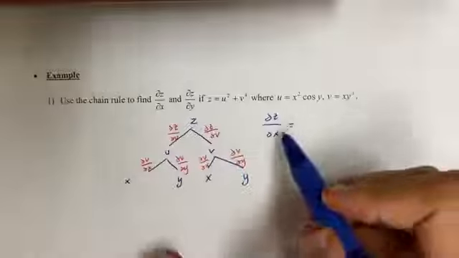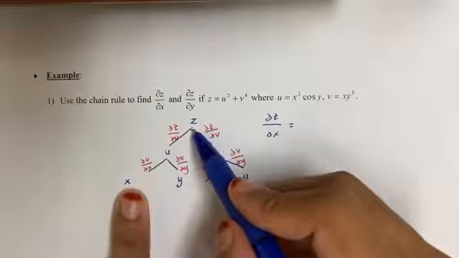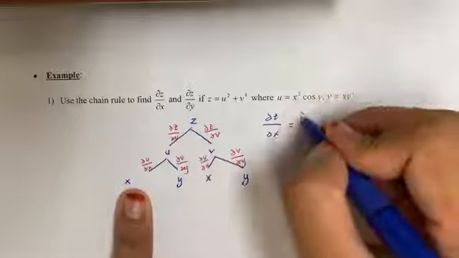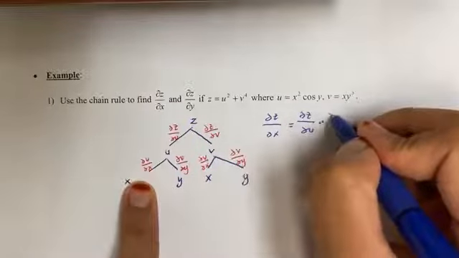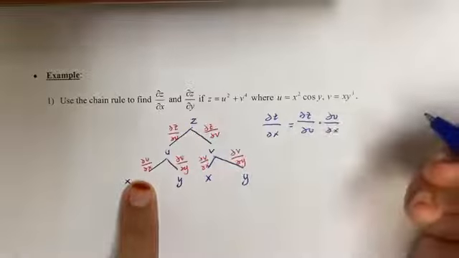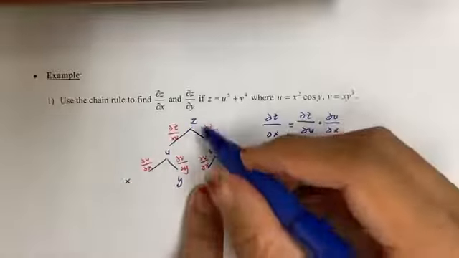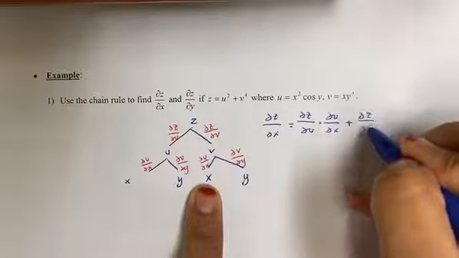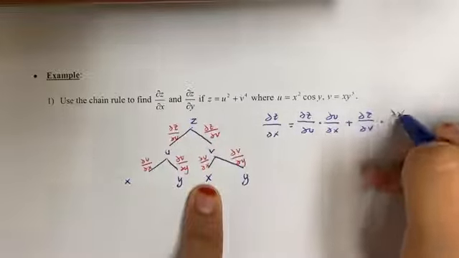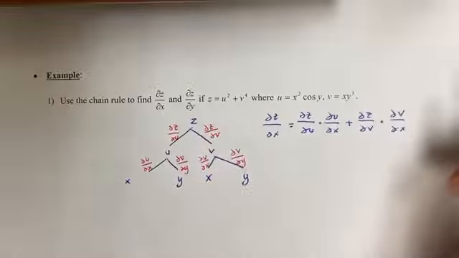So del z over del x is del z over del u multiplied by del u over del x, and then we have another x here, plus del z over del v multiplied by del v over del x.